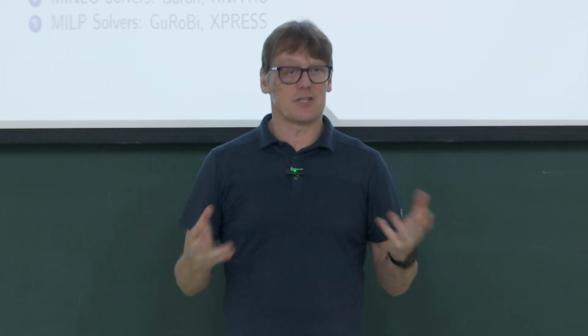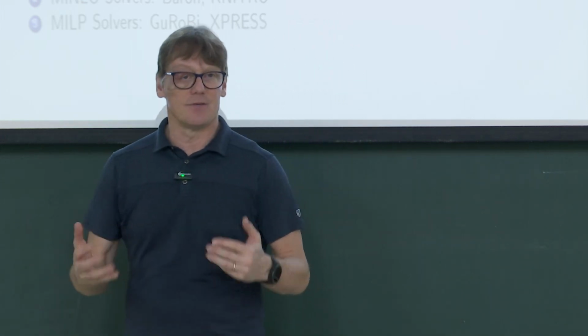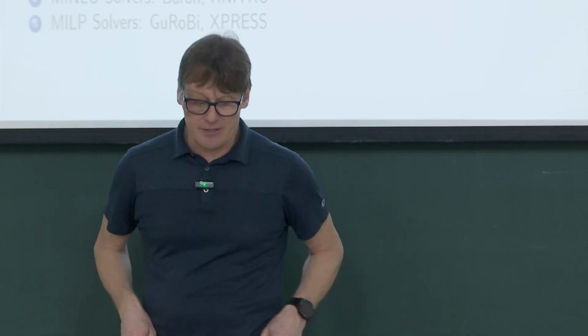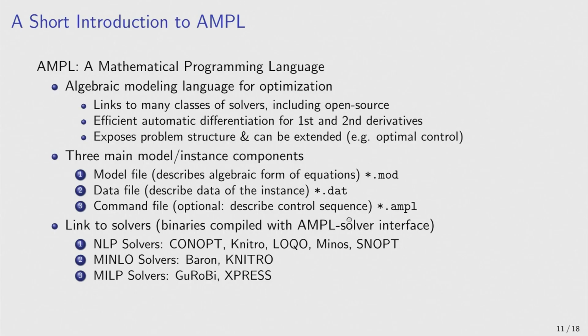That would not be a very efficient way of doing it, but it allows you to do these looping things, and sometimes that's useful when you're adding constraints. And then it has a link to all sorts of solvers, and you'll learn about some of those later. There are nonlinear optimization solvers and mixed integer nonlinear optimization solvers.